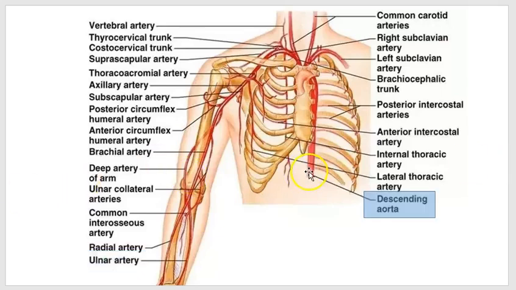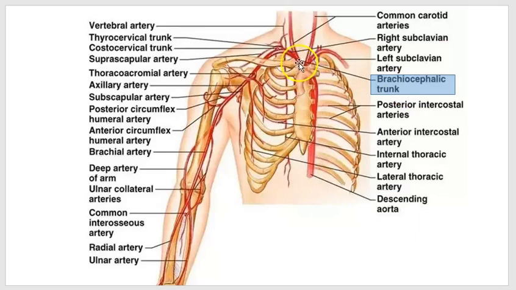Coming over here, you can see your descending aorta. So you have this aortic arch up here, and then it comes down, and after the arch, this is all descending aorta. And this descending aorta travels basically all the way through your trunk until it splits into your left and right common iliac artery. Next one is your brachiocephalic trunk.